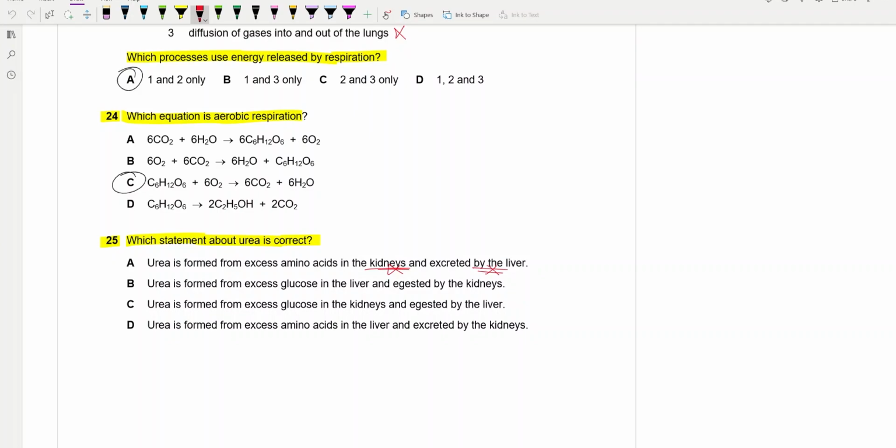Option B says urea is formed from excess glucose in the liver, which is wrong, and digested by the kidneys, which is also wrong. Option C says urea is formed from excess glucose in the kidneys, which is wrong, and digested by the liver, which is also wrong. Option D says urea is formed from excess amino acids in the liver and excreted by the kidneys, which is correct. So the correct option would be option D.